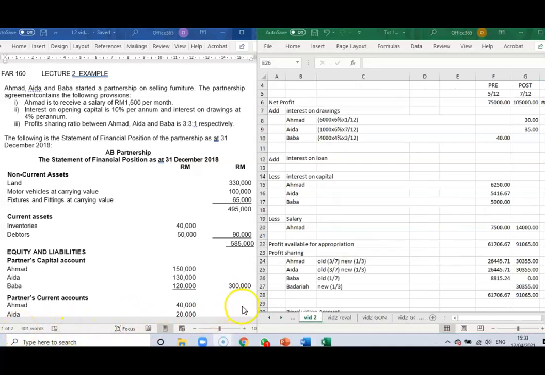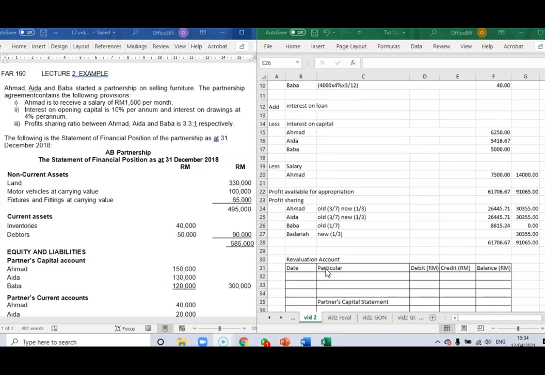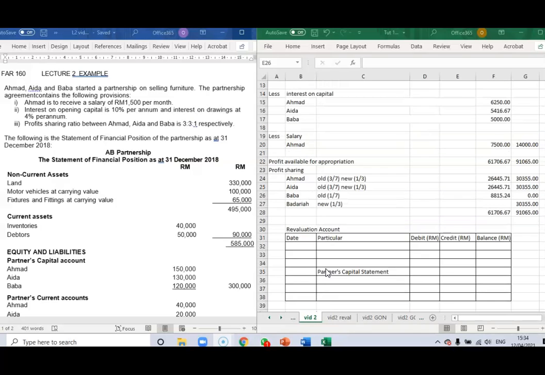Let's continue with preparing the answer for the questions. The next to prepare is the revaluation account, or you may prepare the goodwill account first, it doesn't matter. The date of the change is the 1st of May.